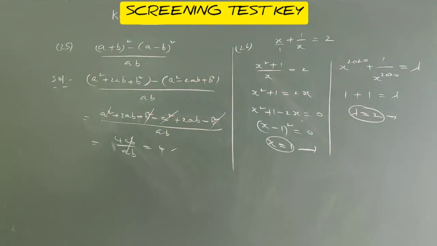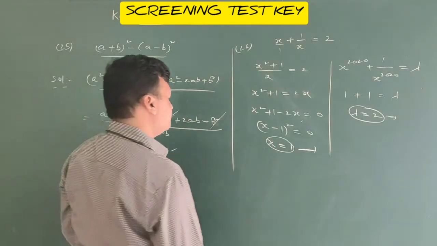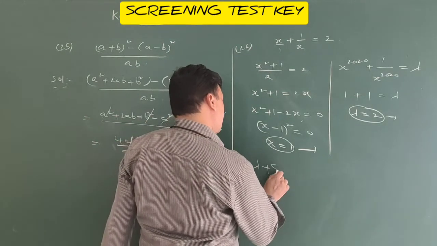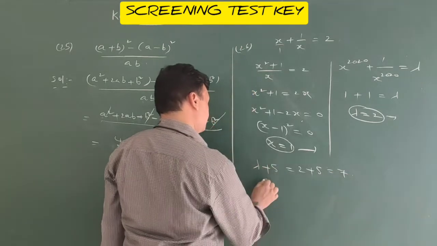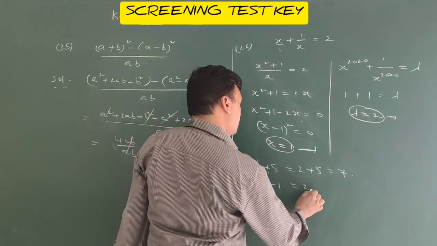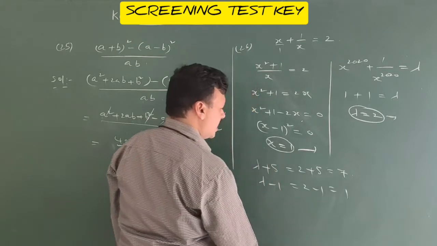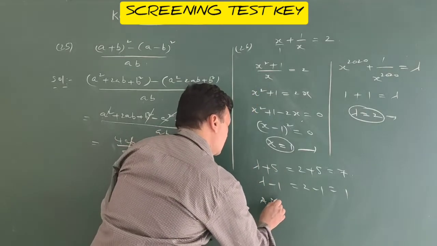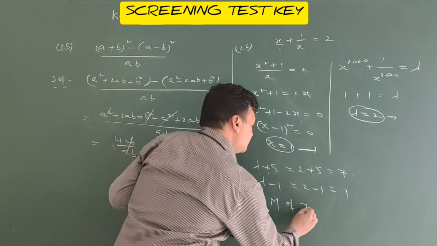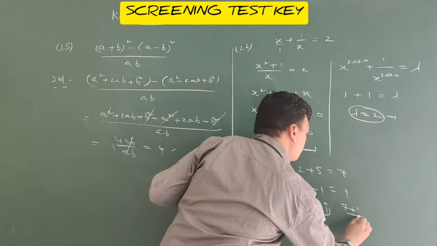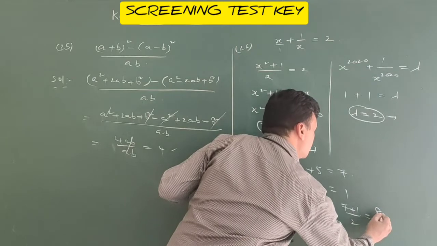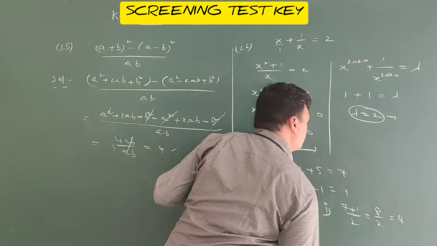They want the arithmetic mean of lambda plus 5 and lambda minus 1. Lambda plus 5: 2 plus 5 equals 7. Lambda minus 1: 2 minus 1 equals 1. Arithmetic mean of 7 comma 1 is 7 plus 1 by 2, 8 by 2, that is 4.